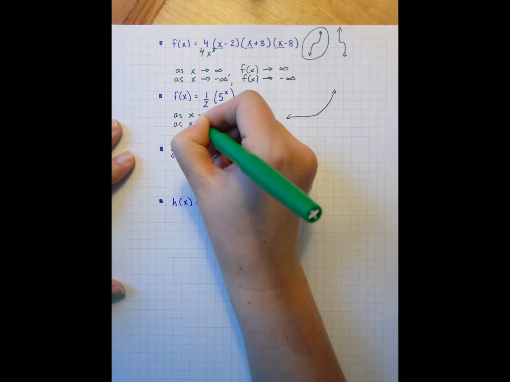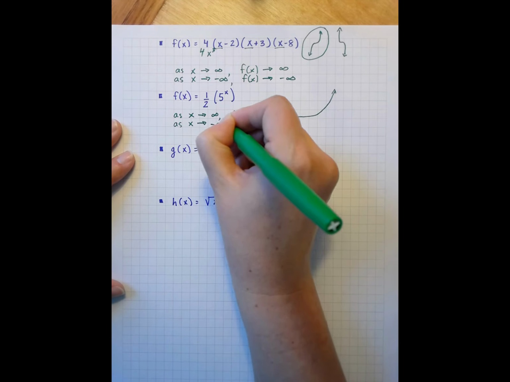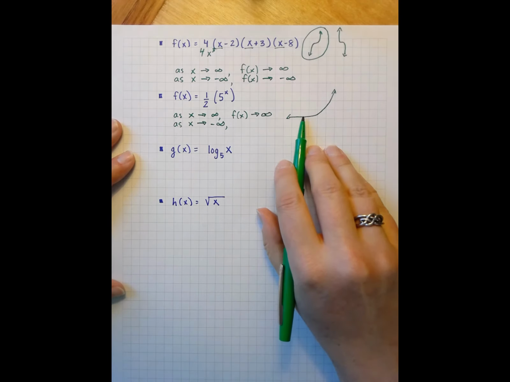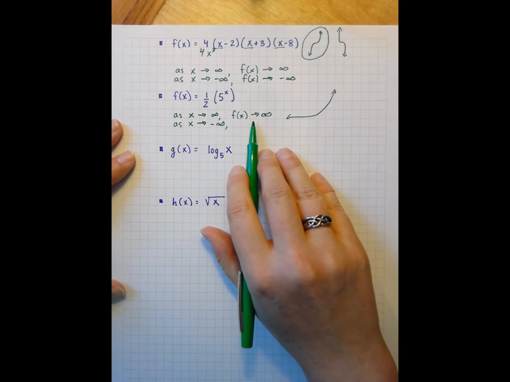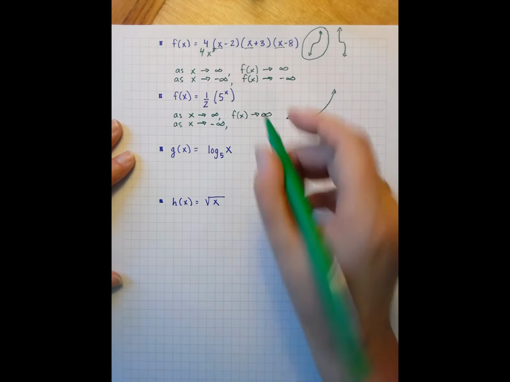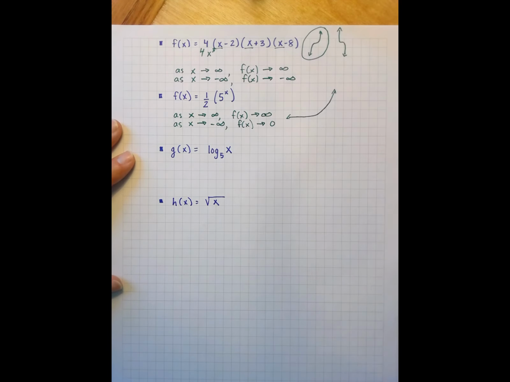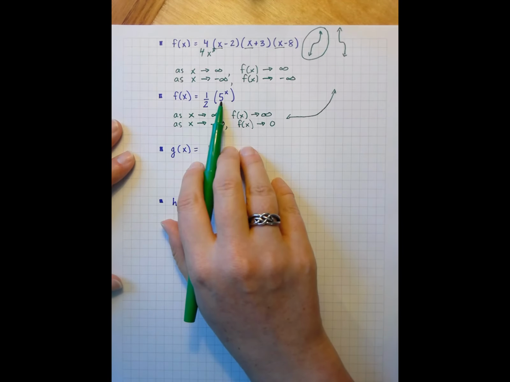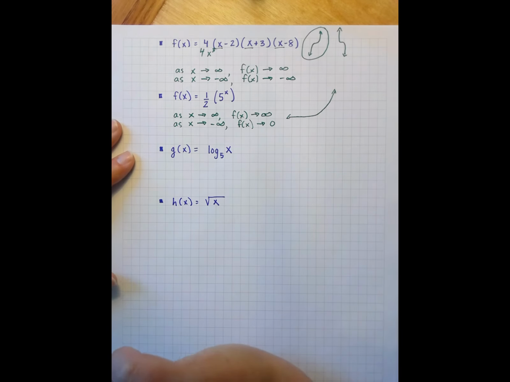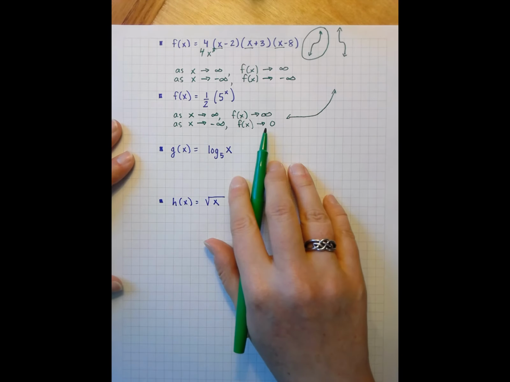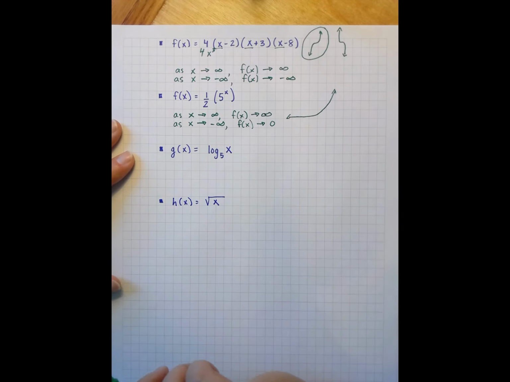However, as x goes to negative infinity, we actually are getting closer and closer to a particular value in this case. We are getting closer and closer to f of x being 0. Now, we're never going to get there. Dividing by 5 over and over again is going to get us a really small number, but never 0. And so that's why we say it approaches it, it gets close to it.